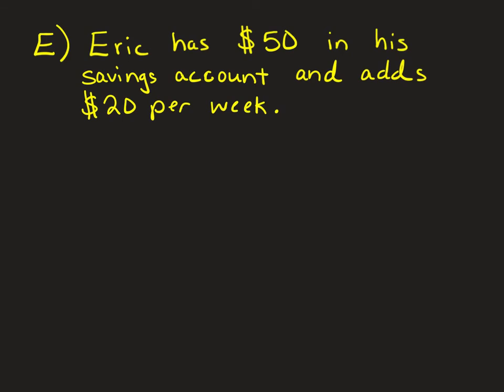E part is a situation. Eric has $50 in his savings account and adds $20 per week. So in a situation, we look to see if it starts at 0, and does it have the same rate of change?